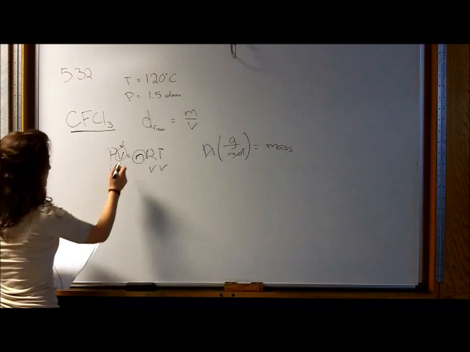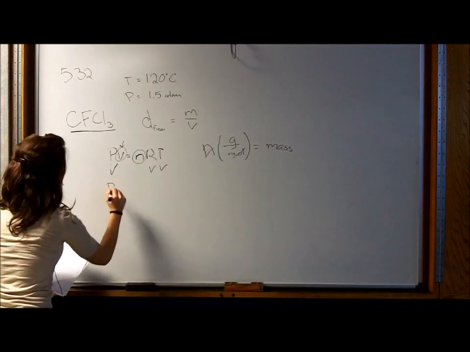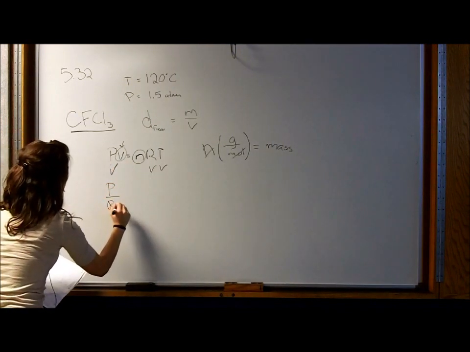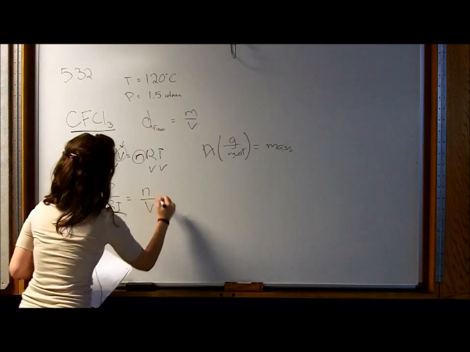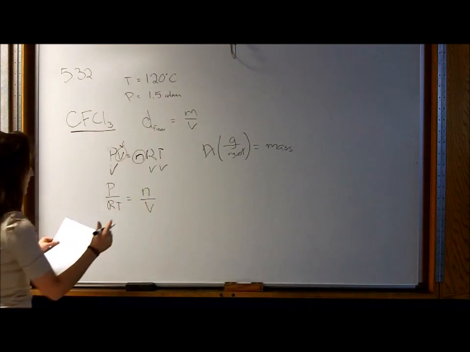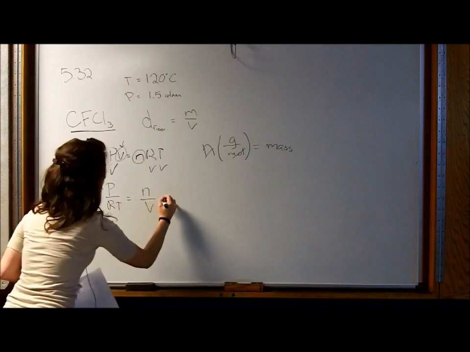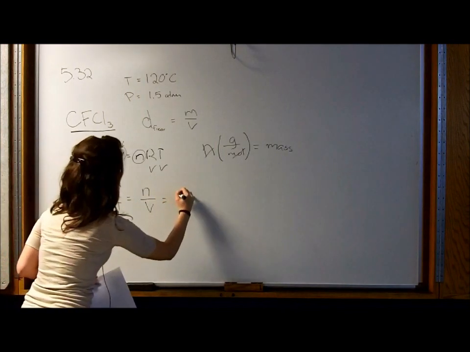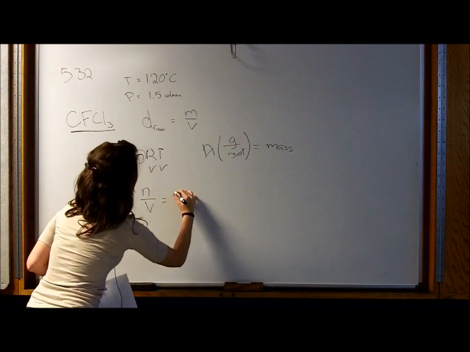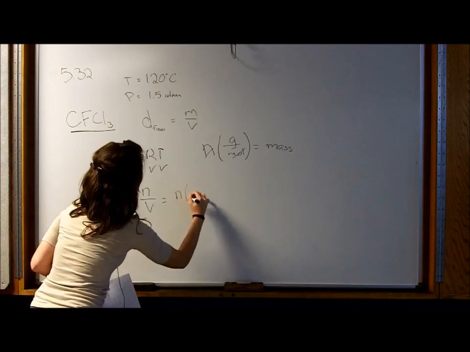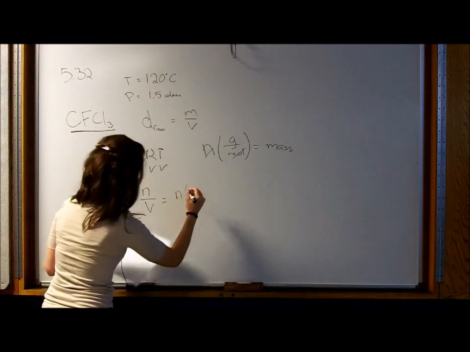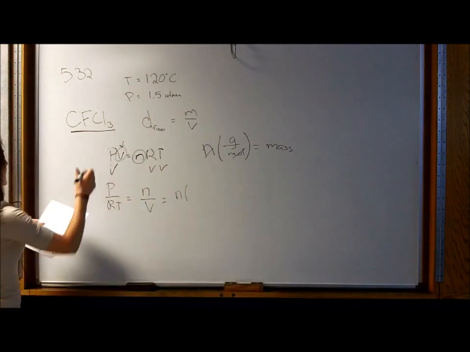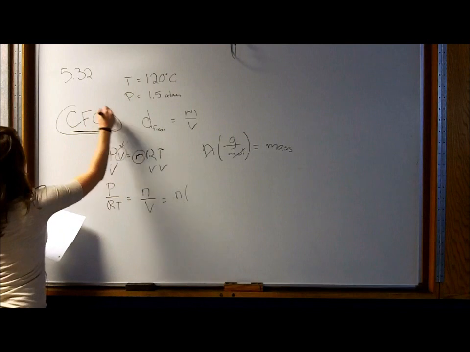So we're going to pull these two variables on one side. We'll have P over RT equals n over volume, moles over volume. And we want mass over volume, so we're going to multiply that by the molecular weight. So we'll have moles times molecular weight, which you have to calculate using this formula right here.